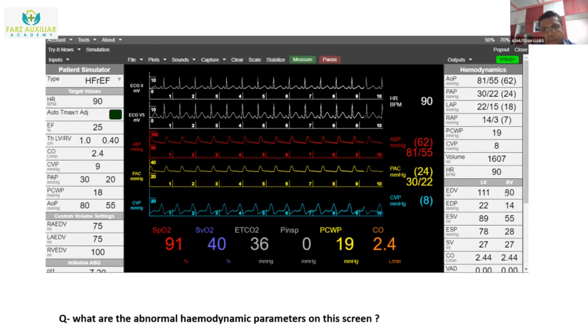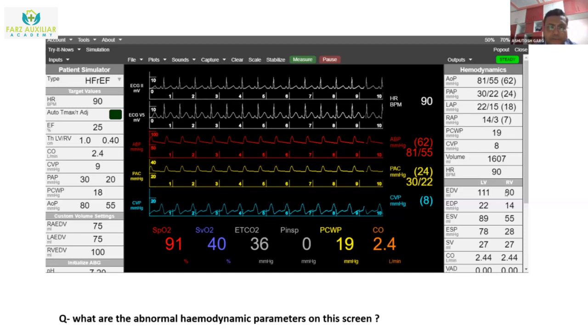So if pulse pressure is high, it means diastolic is low, systolic is normal or a little bit high. If the difference is much greater than 40, then it might be septic shock. But in this case, 81/55 means both systolic as well as diastolic blood pressures are low. So it is not fitting the criteria of septic shock.